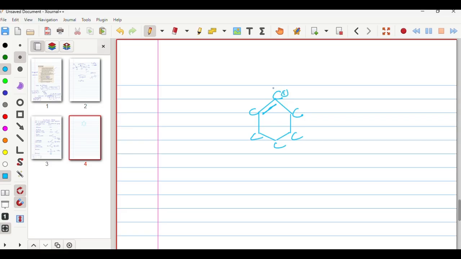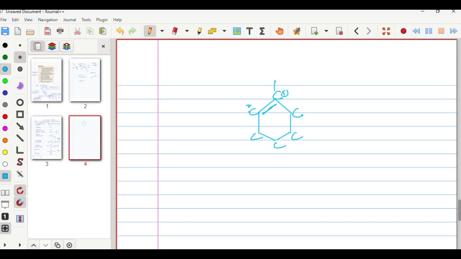carbon number 1 will bond to how many hydrogen atoms now? Remember, they bonded to two hydrogen atoms before when they were single bonds. Now we have a double bond between carbon 1 and carbon 2. Carbon 1 will bond to how many hydrogen atoms now? Just one.